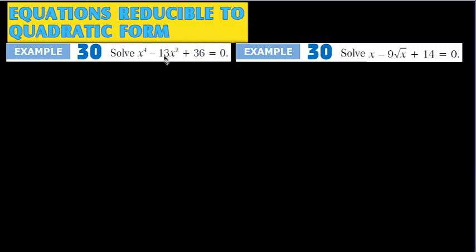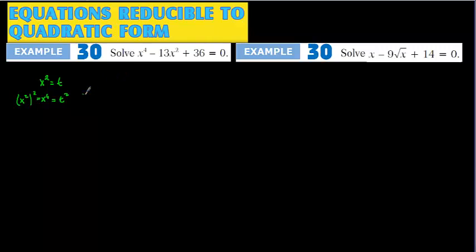Here, x to the power of 4 minus 13x squared plus 36 is equal to 0. First, you need to remember this one. Here the terms x squared and x to the power of 4 are related to each other. If x squared is equal to t, then x to the power of 4 is going to be t squared, because x to the power of 4 is x squared squared.